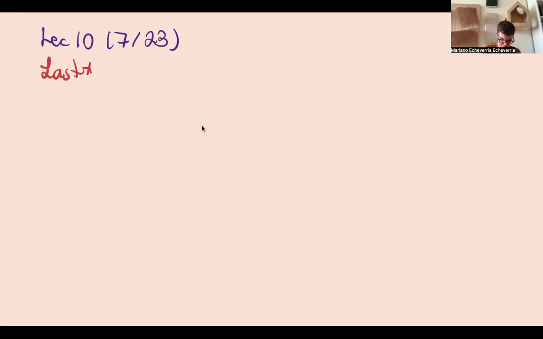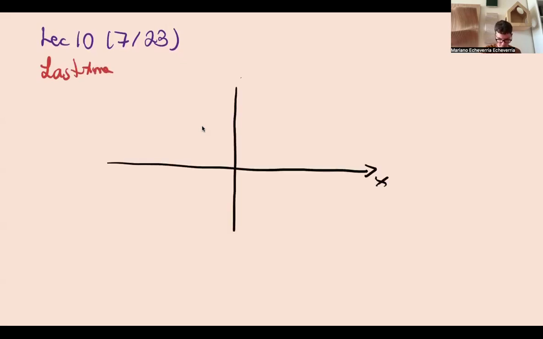The points were X and Y. One point was -2, 3. The other point is 1, -1. And the other point is 3, 2. Let's say 3, 2 is here. So this is 3, this is 1.